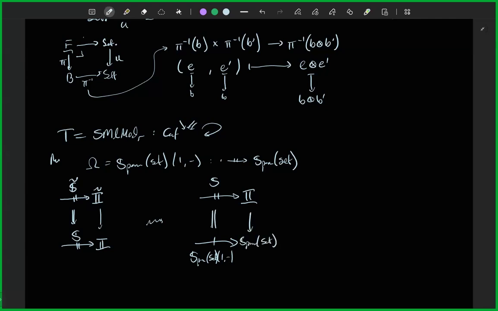We get a map here, which, if this is pi, then this is pi inverse. And those are both lax.